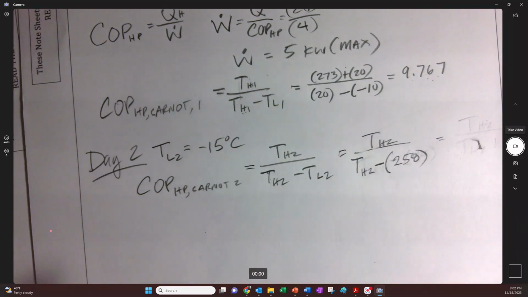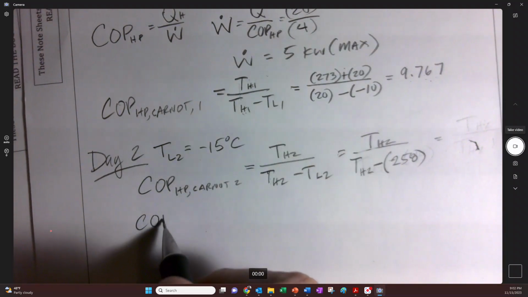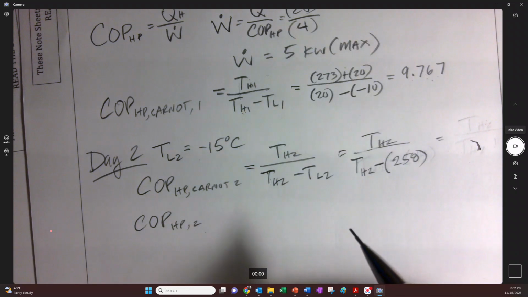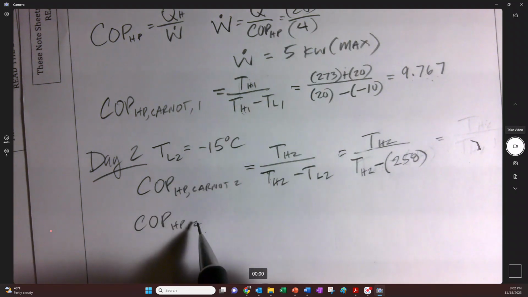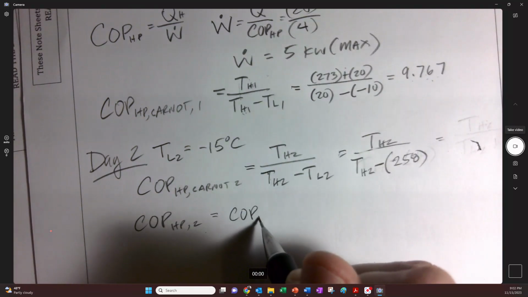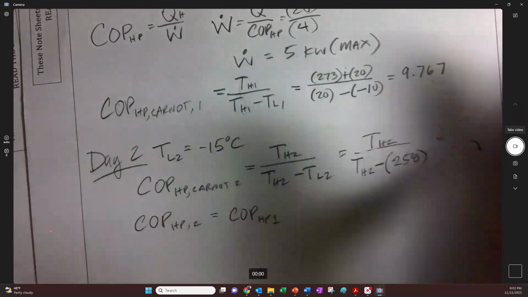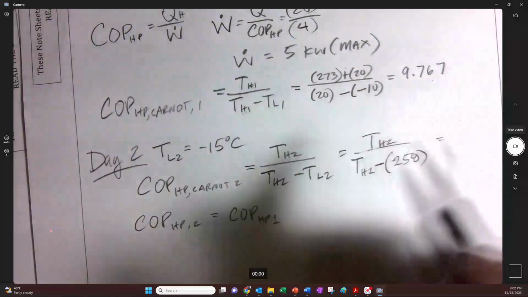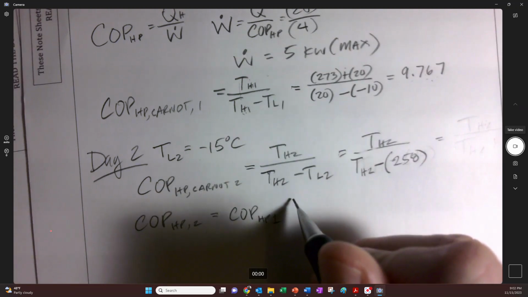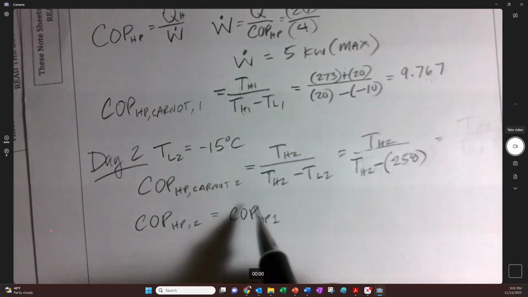Now we also know that it's 60%, the actual coefficient of performance, HP 2, is going to be equal to COP HP 1, but it's going to be scaled by the ratio of the Carnot, right? So it's going to be, let's see, I think it's going to be 2 over 1, right?